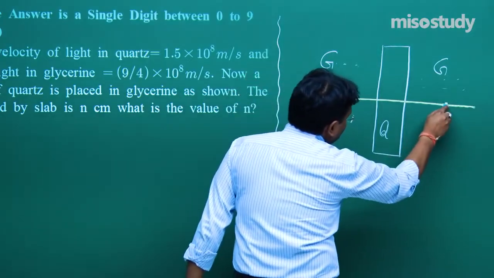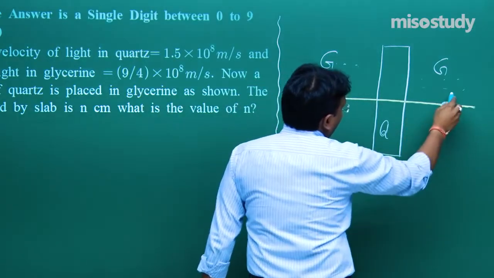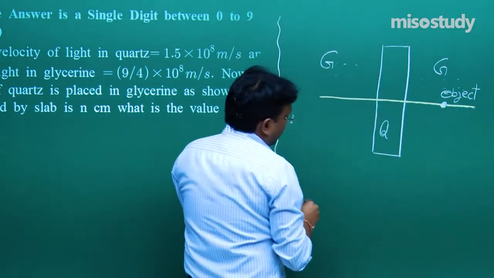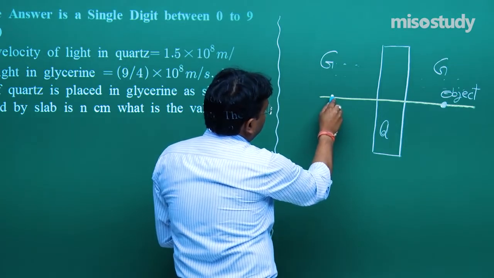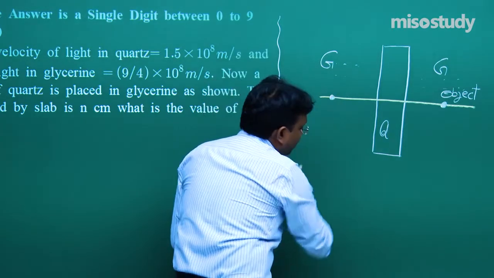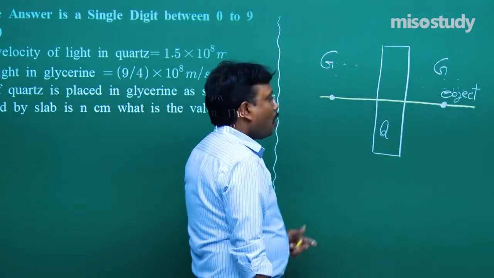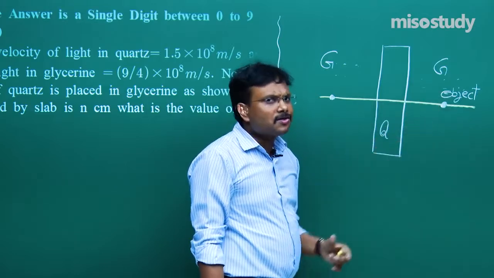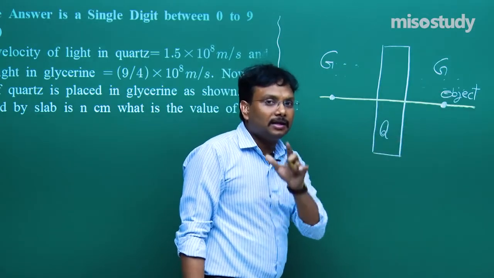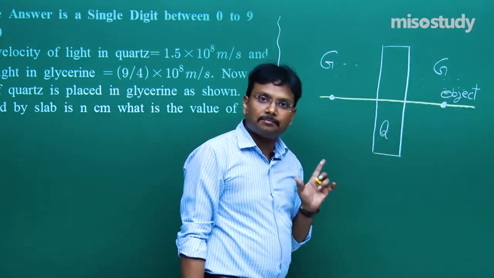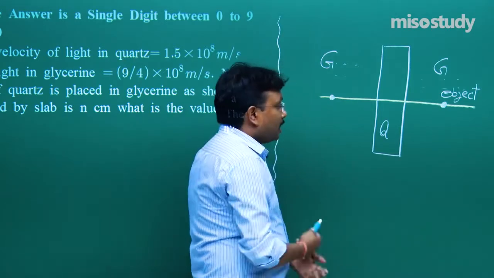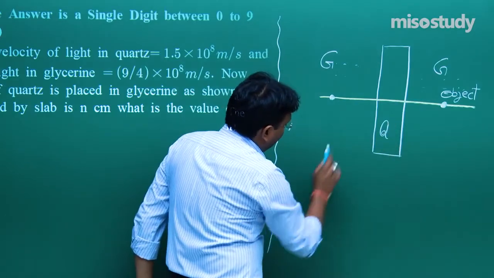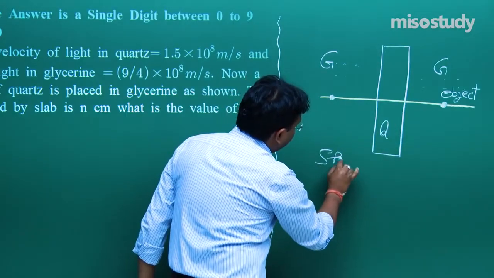Now this is the object, and this you can say the image that we are getting. Obviously because of the glycerine, quartz, glycerine, some optical path difference will come into picture. Fine, listen very carefully. Some optical path difference will definitely come. So what is that? That is what I am calling the shift.